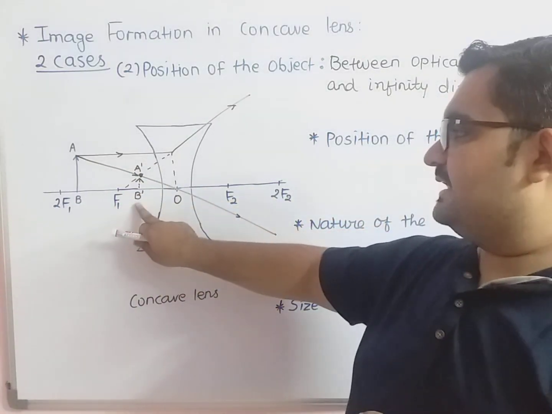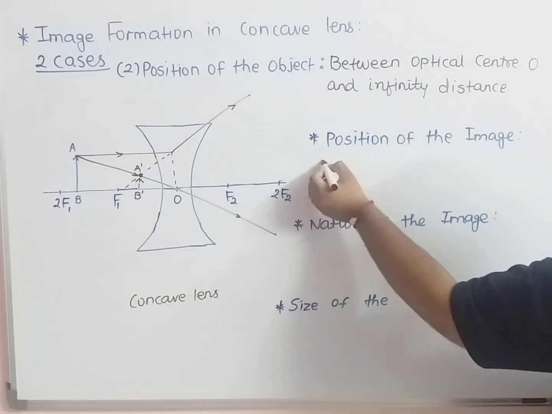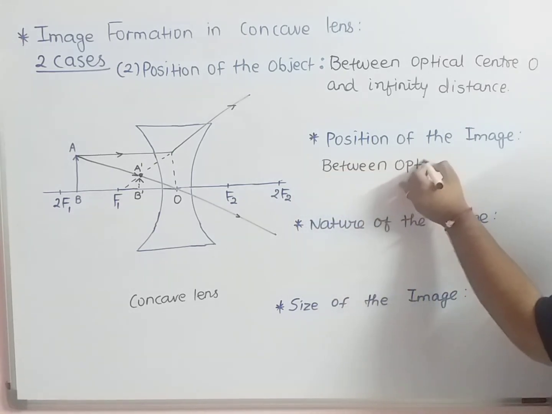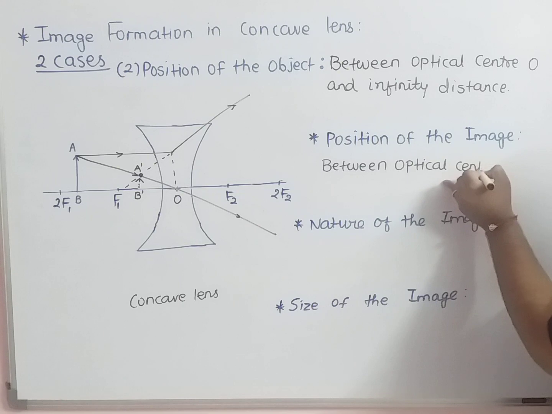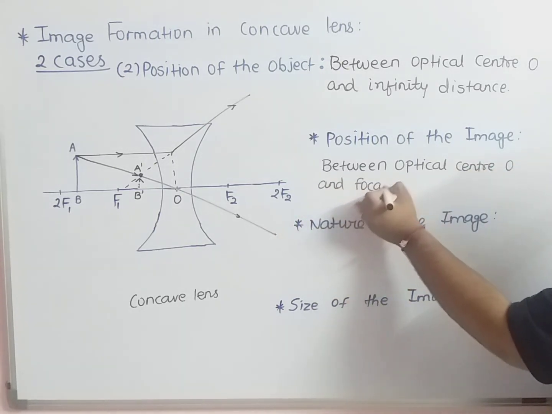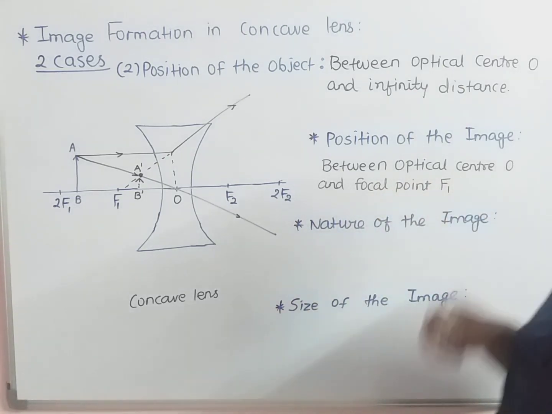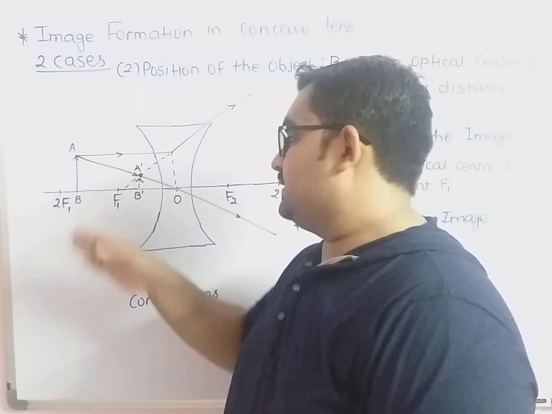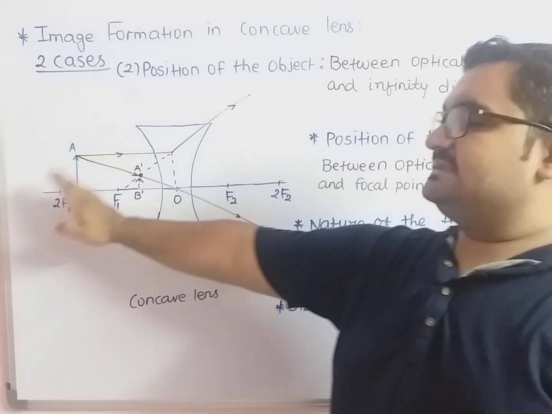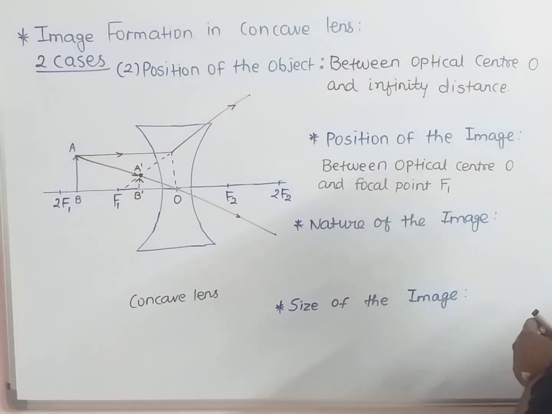So here you can see the position of the image. It is between the optical center O and the focal point F1. It means when we put our object here, we get the image on the same side as the object. Now what is the nature of the image?